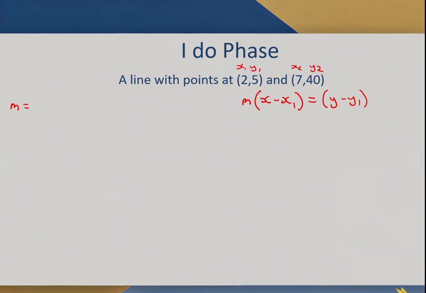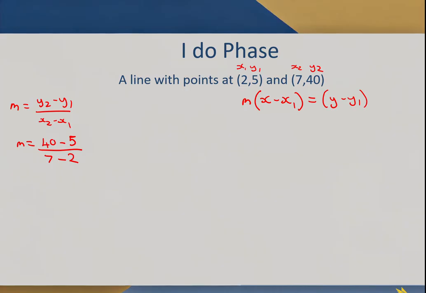So m equals y2 minus y1 over x2 minus x1, change in y over change in x. I'll substitute those values in: y2 is 40, take away y1 which is 5, over x2 which is 7, take away x1 which is 2.